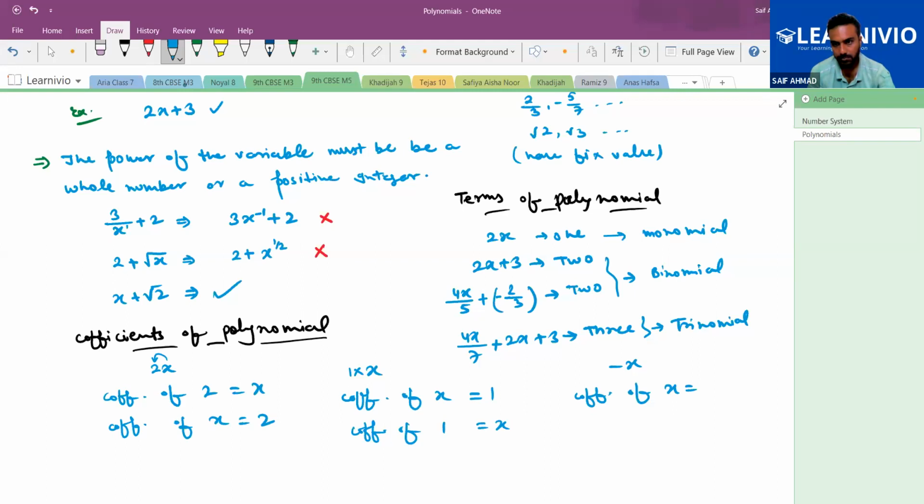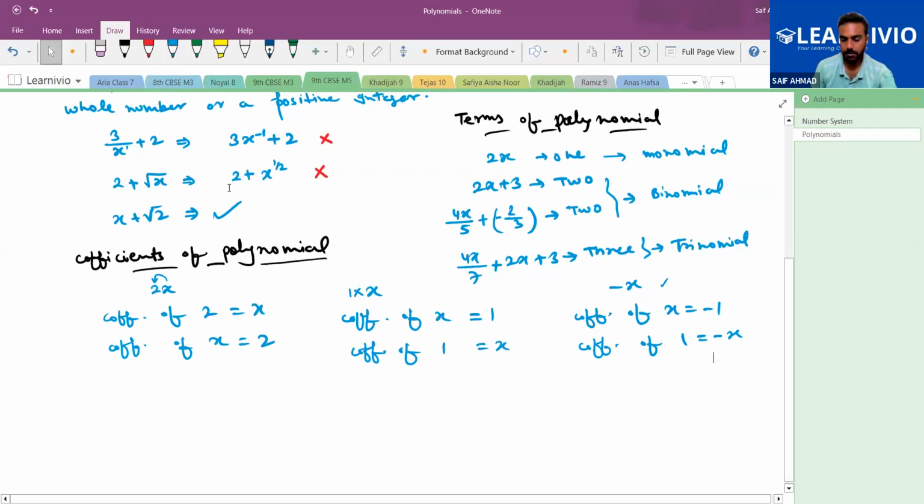What is the coefficient of x here in minus x? Minus 1. Yes, negative. And what is the coefficient of 1 here? Negative x. Understood? Is there any problem? No, sir.